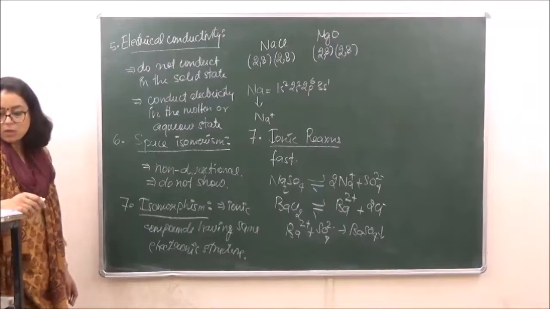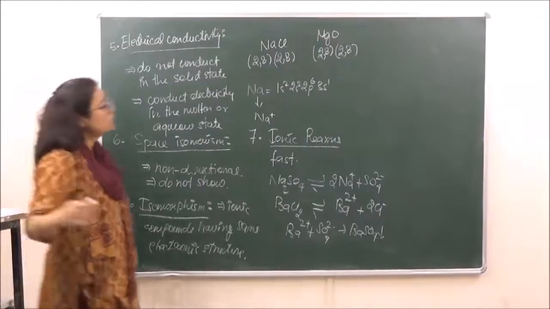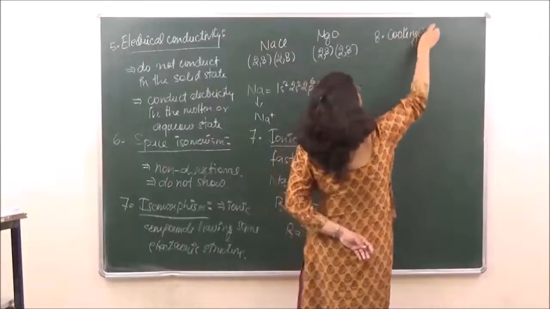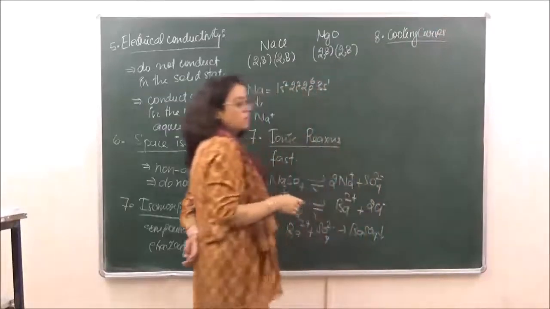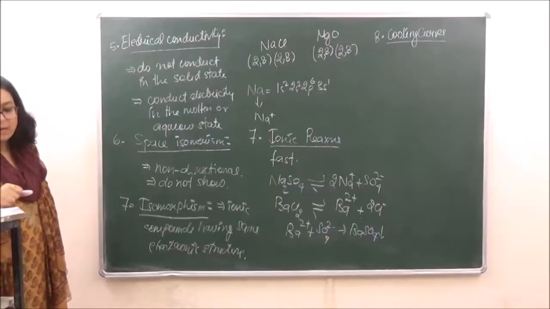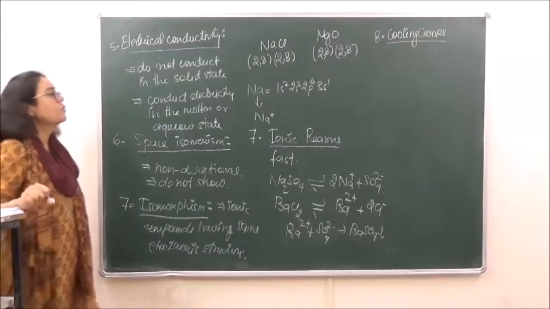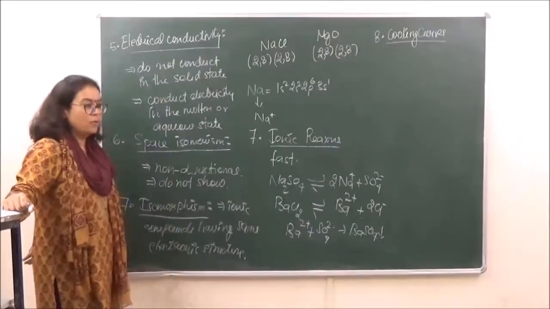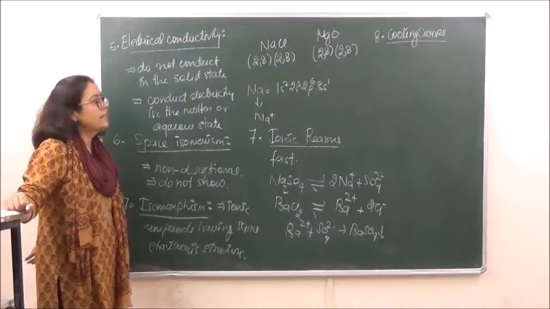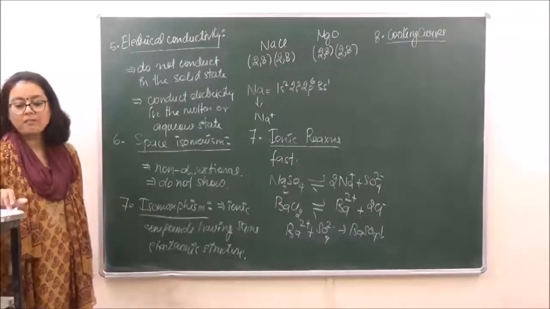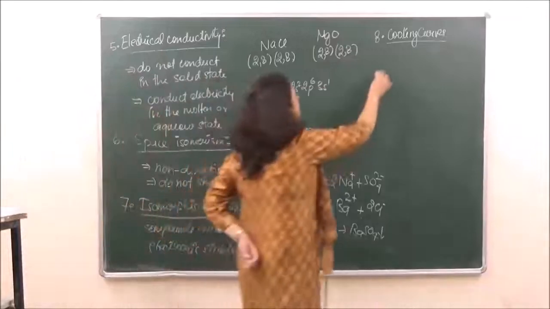Then we come to a new term over here, which is known as cooling curves. What do we understand by cooling curves? Cooling curves means that when we are trying to solidify any molten electrovalent compound, we have a melted electrovalent compound and we are trying to cool it, and we are plotting a graph between temperature and time.